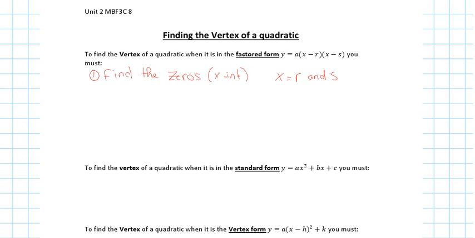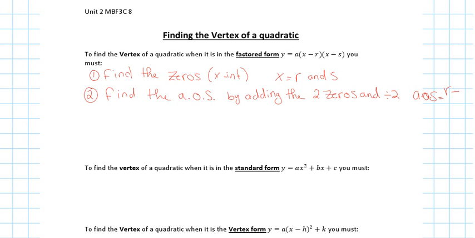That's right. So then you're going to find the axis of symmetry by adding the two zeros and dividing by 2. So I do R plus S, and I divide my answer by 2.